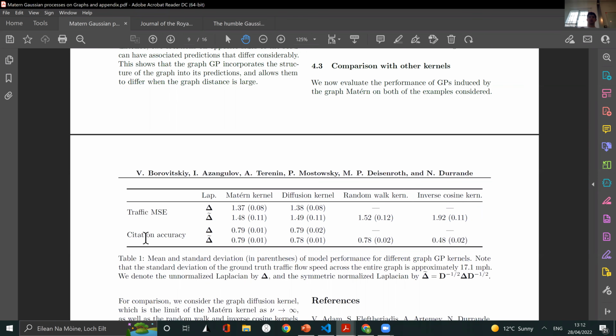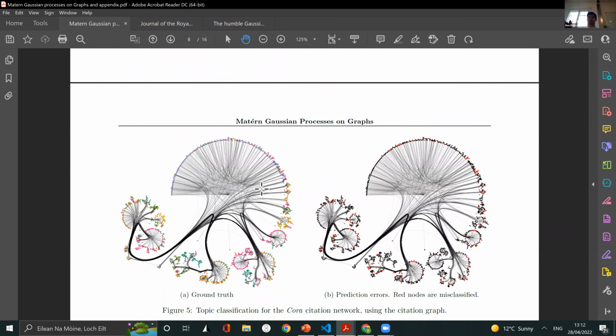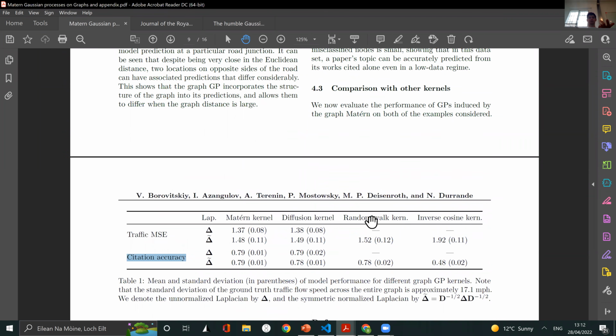But then again, in the citation example, there is no notion of distance whatsoever. It's just, is this paper cited by this paper, yes or no. So I guess it wouldn't work. And for that one it would be empty, but then they've got empty things here. So yeah.